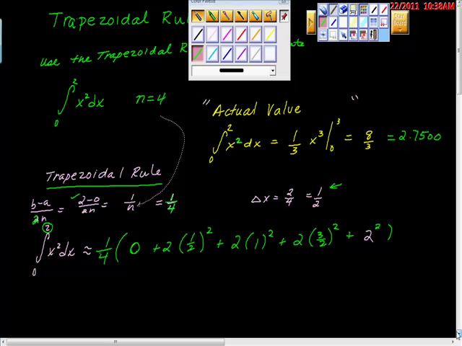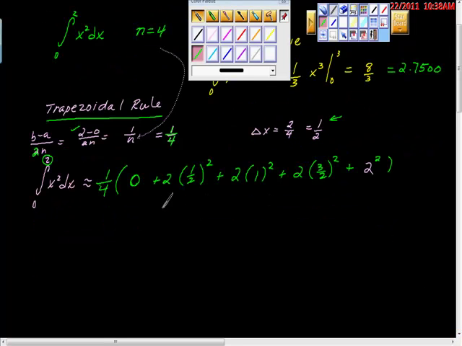And the math, when you look at some of these, gets pretty outrageous. First thing you have to remember is to bring this down. Then we're going to do this. Be careful not to cross cancel here. You can't do that because we have an exponent happening up here. So 1/2 squared is 1/4, and 2 times 1/4 is 1/2. So 1/2 plus 1 squared is 1, times 2 is 2.